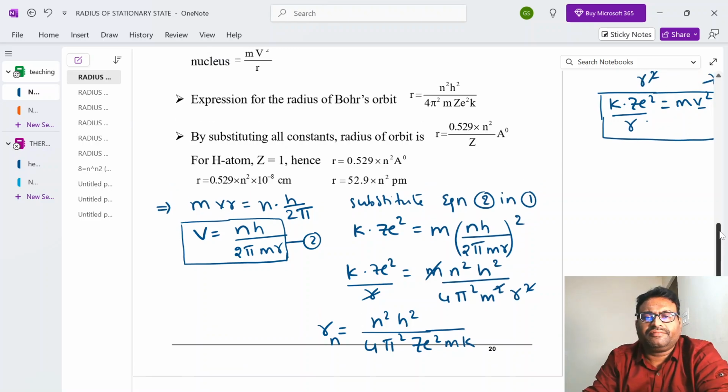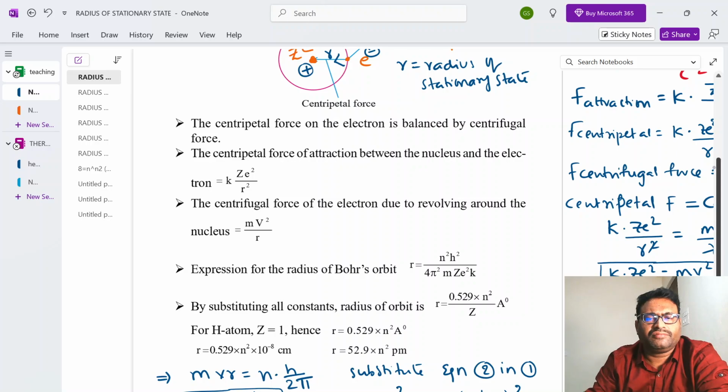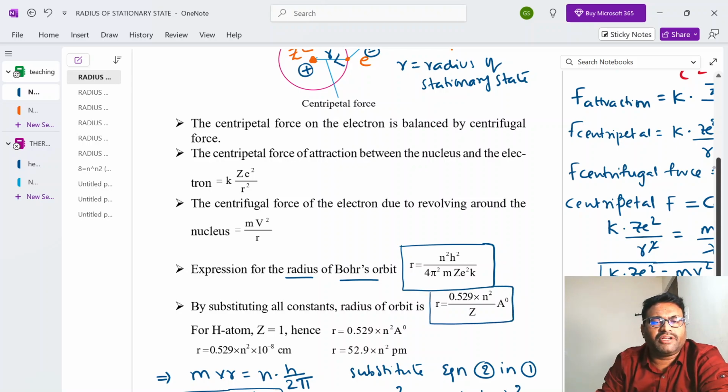See here. Expression for the radius of the Bohr's orbit: R is equal to n square h square by 4 pi square m Z square into k. And substituting all these values, what do you get? 0.529 angstrom units. This n square and Z are variables, they can change. For a hydrogen atom, as Z is equal to 1, R is equal to 0.529 angstrom units into n square.